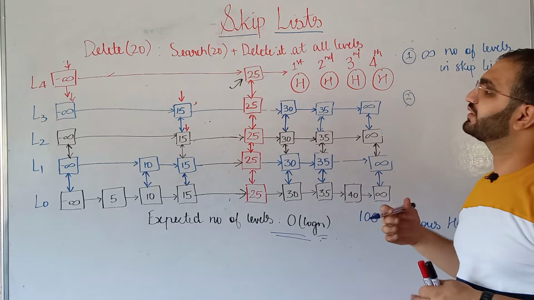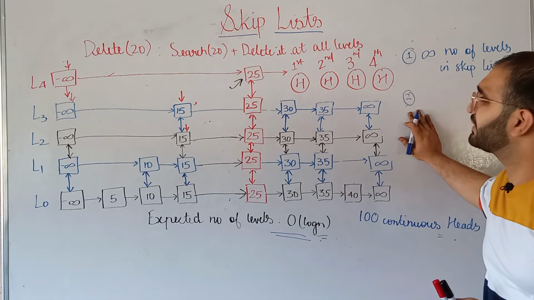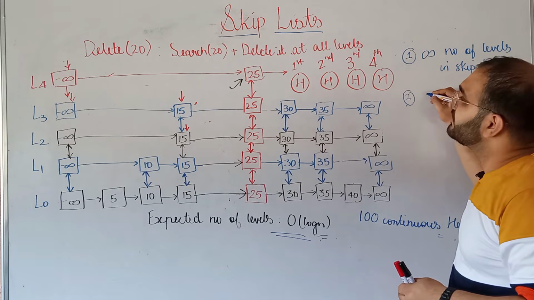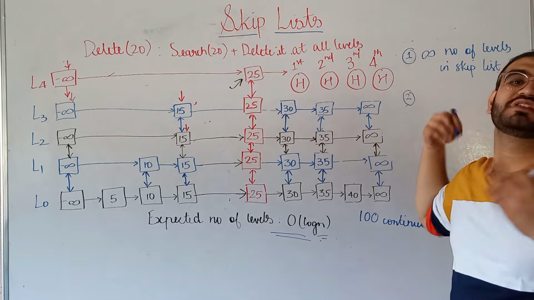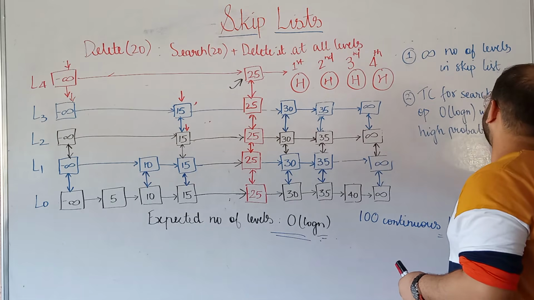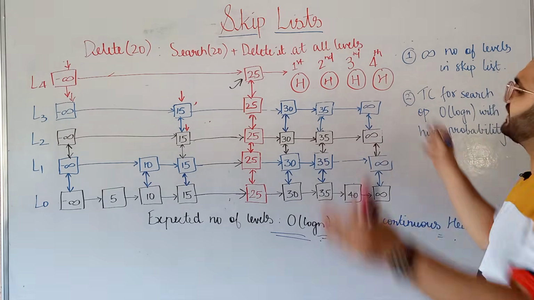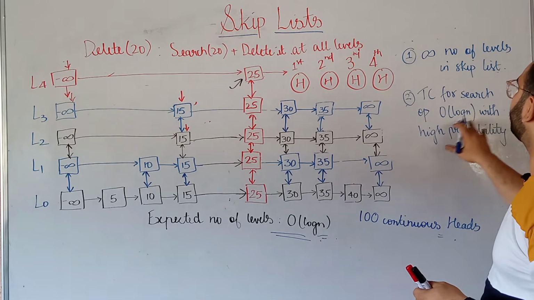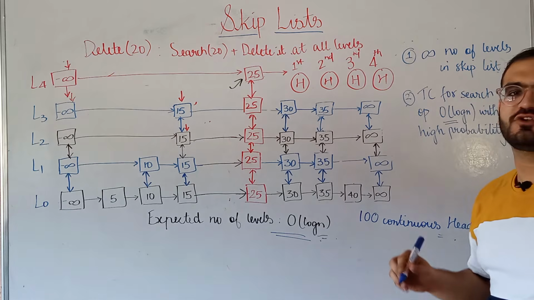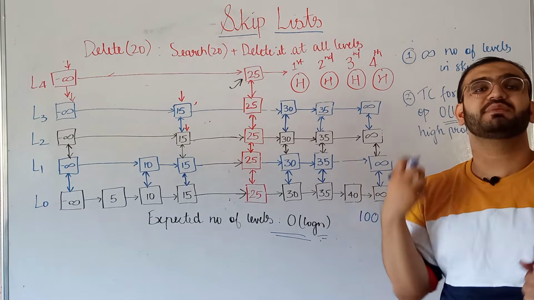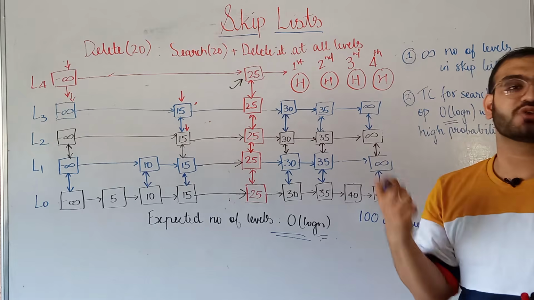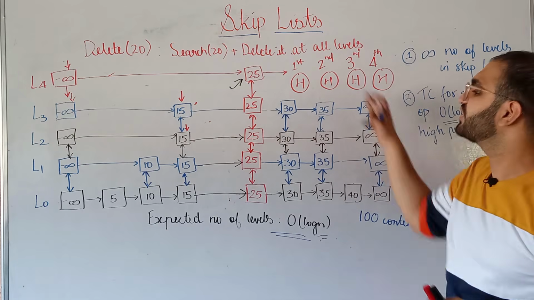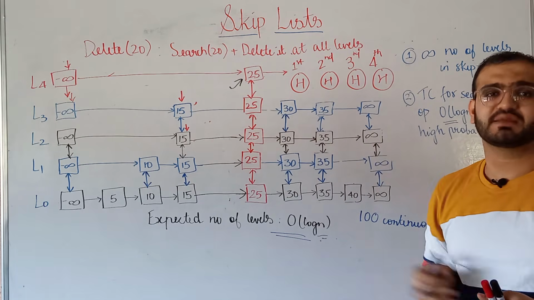So how do we ensure that the time complexity for the search operation remains order of log n? So how do we ensure this? That in spite of having this randomized structure of a skip list, the time complexity for the search operation will be order of log n with a very high probability. There will be a very high probability that your time complexity will be order of log n when you search for any element in this randomized skip list.